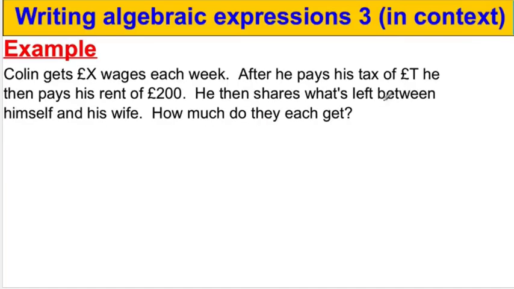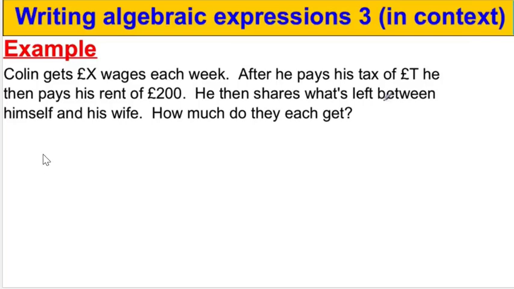Okay, pause the video and try if you feel you can. So Colin gets X wages each week. After he pays his tax of T pounds, he then pays his rent of 200 pounds. He then shares what's left between himself and his wife. How much do they each get?